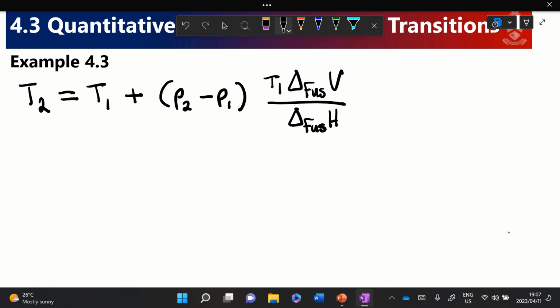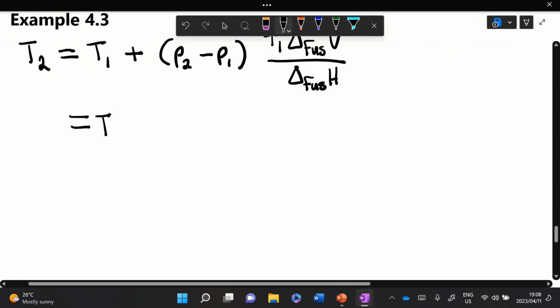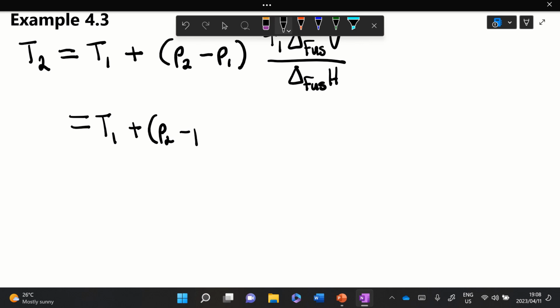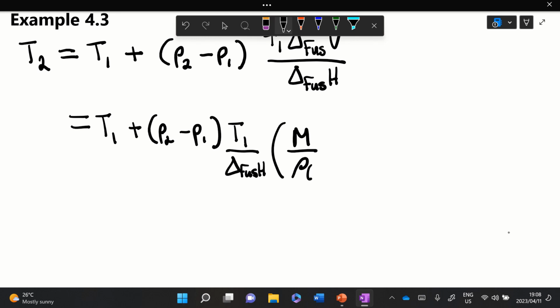Okay, and we have what the molar volume of fusion is. We wrote that just above there. So P2 minus P1, T1 over the enthalpy of fusion, times the molar mass over the mass density of the liquid minus the mass density of the solid.